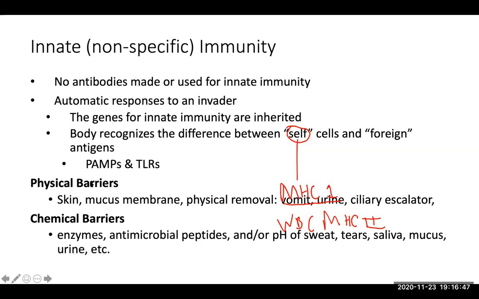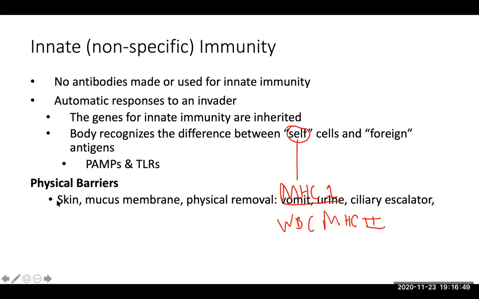So a physical barrier would be our skin. Our skin is definitely taken for granted. It's an amazing organ. It's our largest organ. It replaces itself every few months. It protects us in multiple ways. It's dry. It's fairly impenetrable, and it sheds, right?